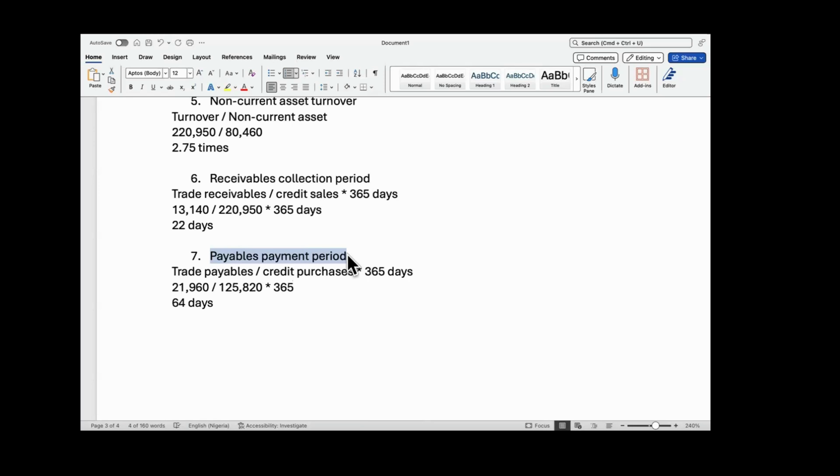At the same time, if you know the meaning of what Latif said, I think he is implying that why would you be using your suppliers' money to run your business? You're not supposed to use suppliers' money to run your business. I don't think that should be the hallmark of efficiency.